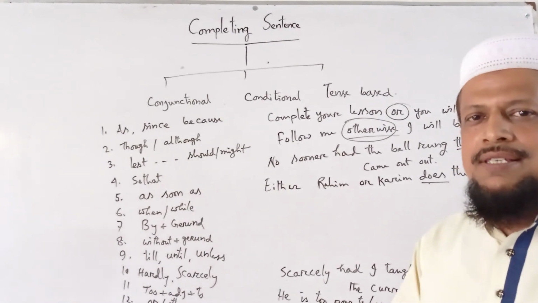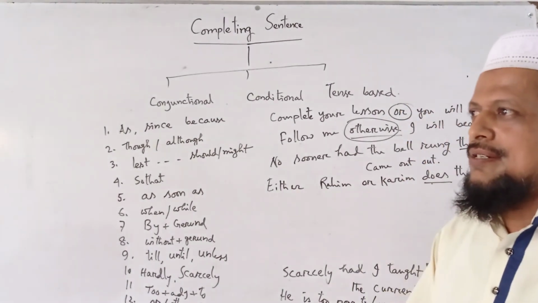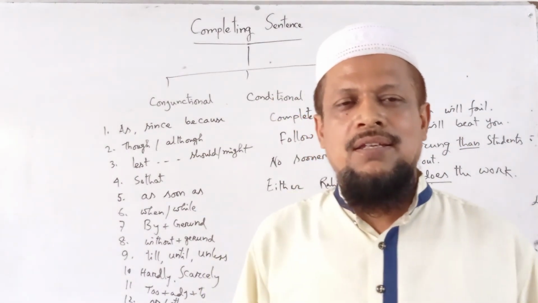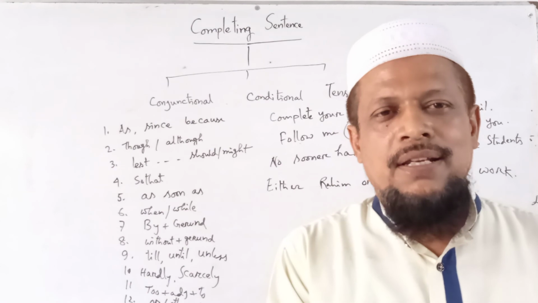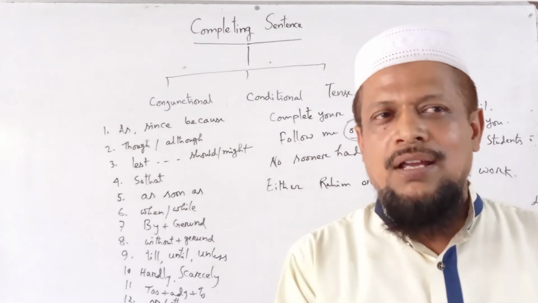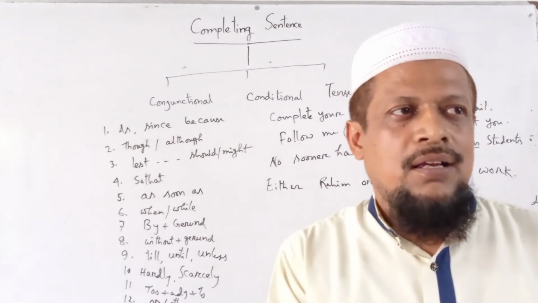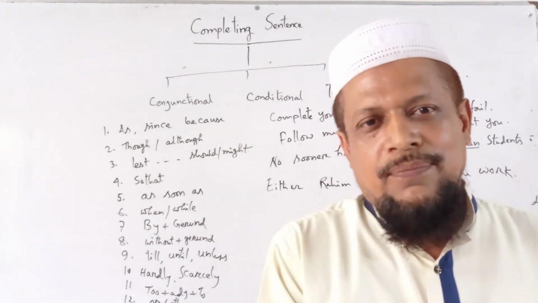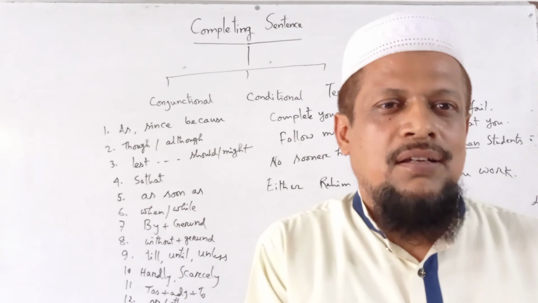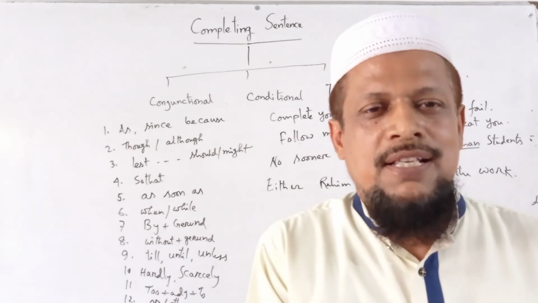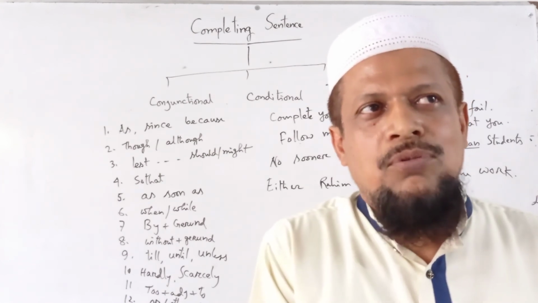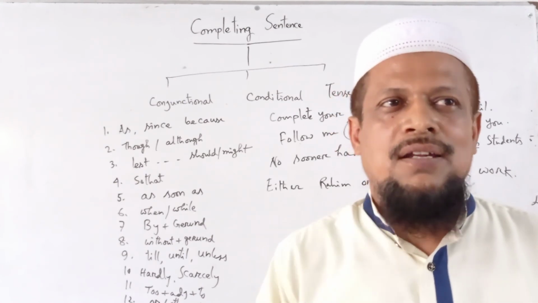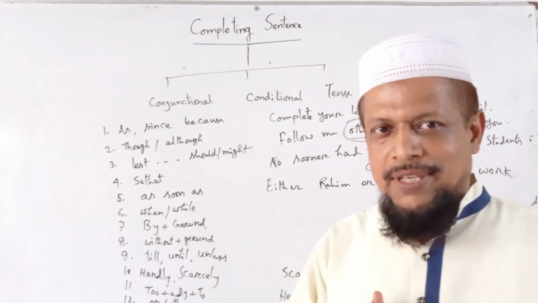There are lots of conjunctions in English. I described only some of them. I think you will guess the meaning and the usage of what I have taught. If you don't understand anything, you can comment. In my next part, I'll try to give separate examples and elaborate descriptions.